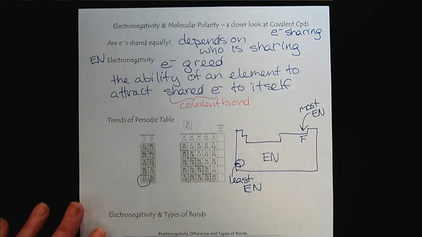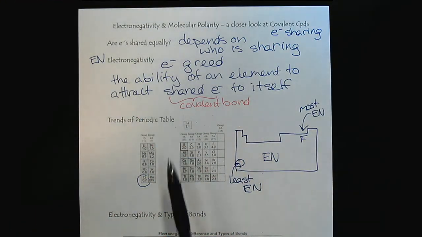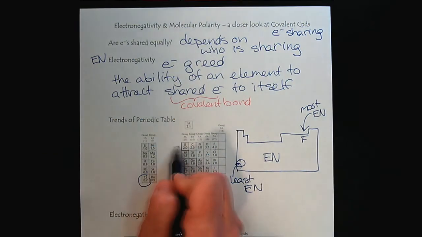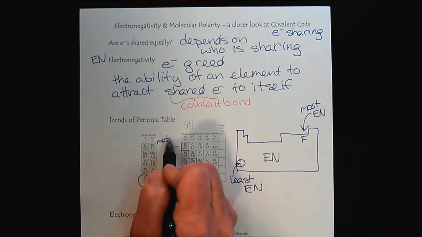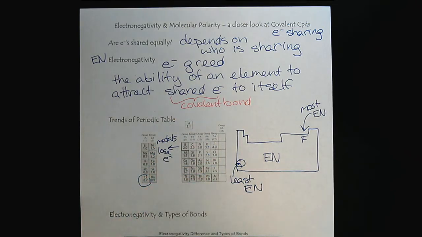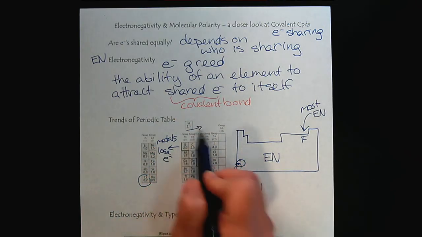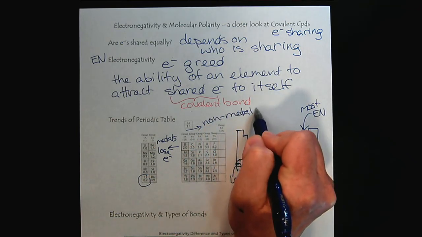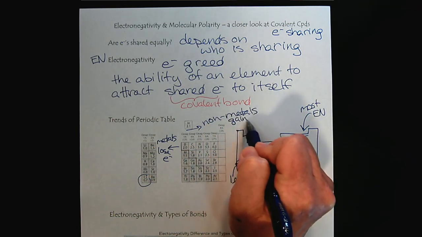And that makes sense with what we know about the elements, right? Because here's our stair-step line. To the left are the metals, and metals like to lose electrons. And then to the right of the stair step, we have the nonmetals, and nonmetals like to gain electrons.